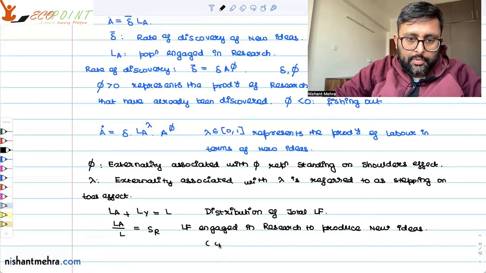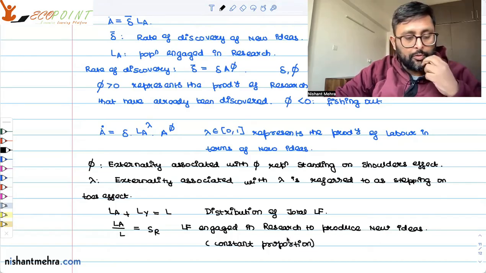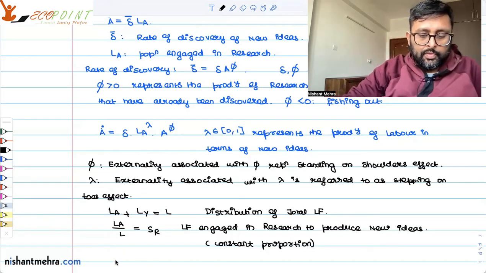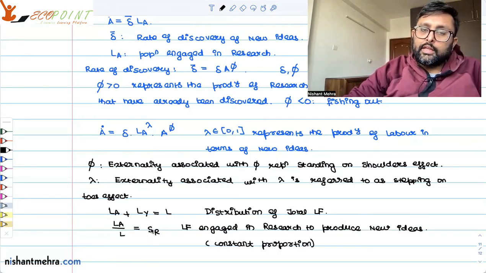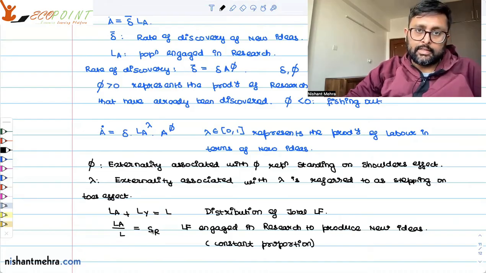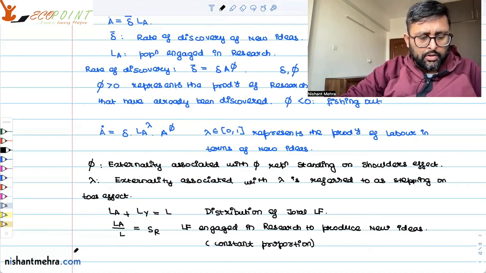And this is the constant proportion. We have assumed this. So this is the constant proportion of the labor force which is engaged in research. So 1 minus SR is the constant proportion of the labor force which is engaged in the production of output.